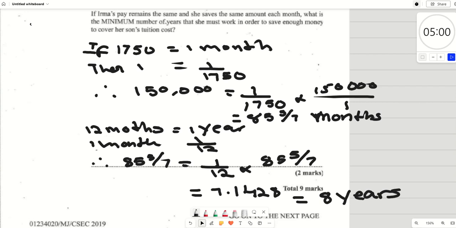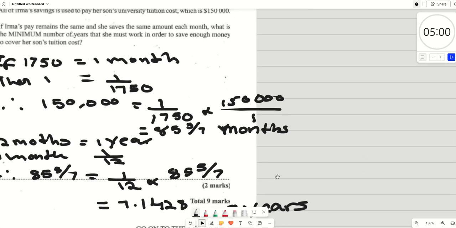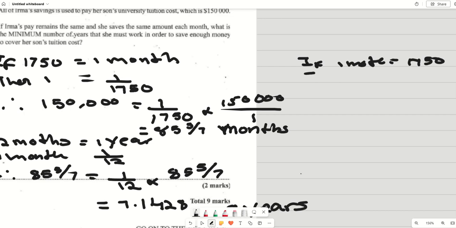Or what you could have done is method 2. If 1 month is equal to 1,750, then 12 months would be 1,750 multiplied by 12. That's 1,750 multiplied by 12. So you know that for 12 months, this person is saving up 21,000, right?